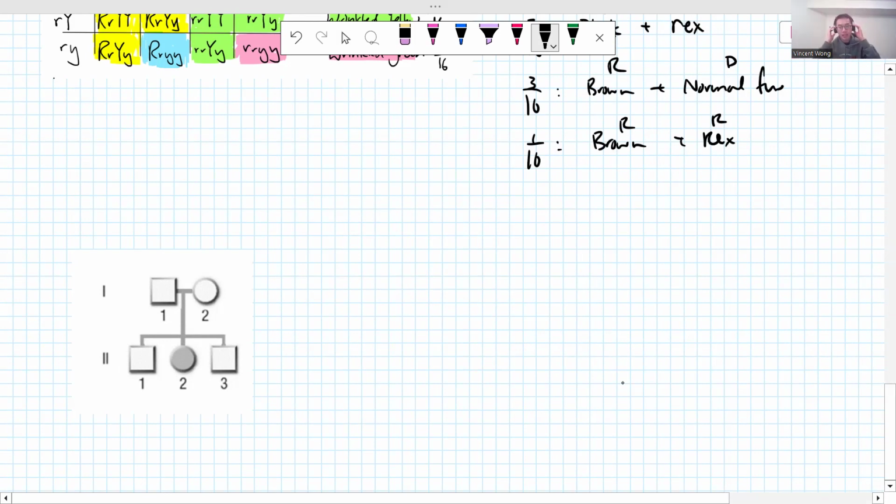When it's shaded, it means the person has the trait, the condition that we're looking at. So you look at this and you have to tell whether it's a dominant or recessive pattern. Does dominant here mean the male? No. Dominant means the trait always shows up. For example, if black is dominant over brown, then heterozygous is going to be black.